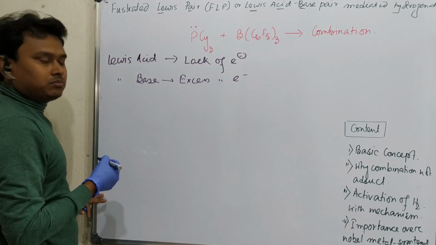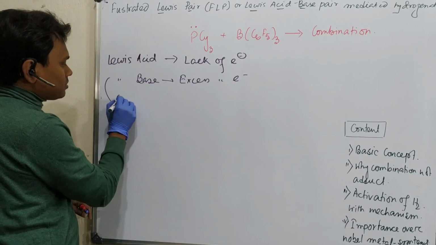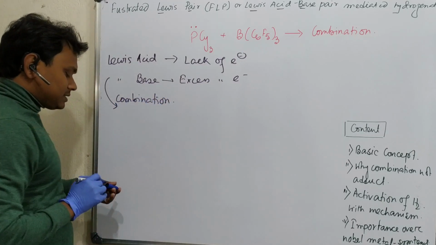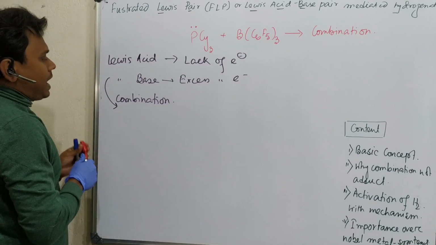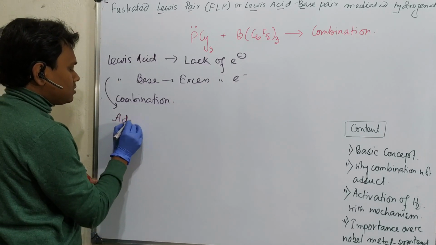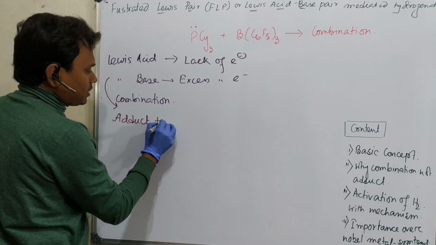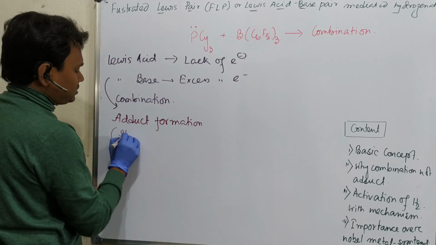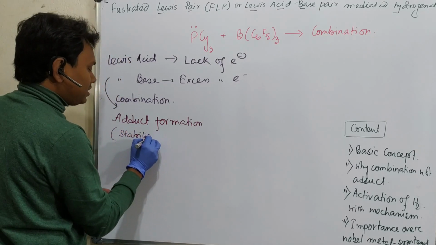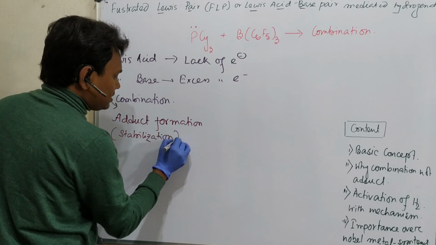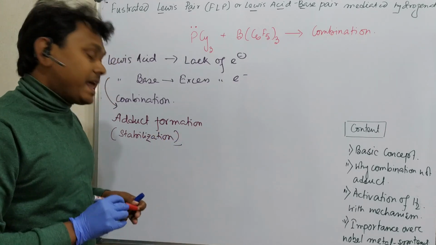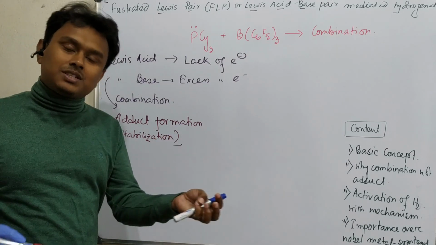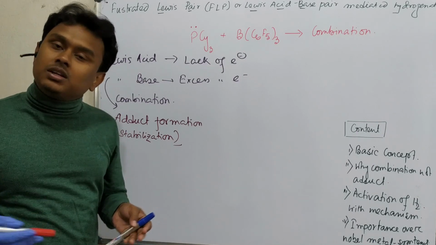And if you combine them, the combination will result in adduct formation, which will result in stabilization. Because you can think that one person is in lack of money and another person has excess money. If the person having excess money gives to the person who is deficient, then both can live their life happily.